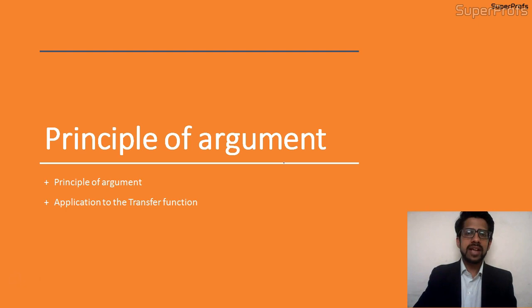We will slowly explore the principle of argument, and go step by step towards the stability analysis given by Nyquist. First we study what the principle of argument is and how Nyquist applied this argument to get the stability analysis.